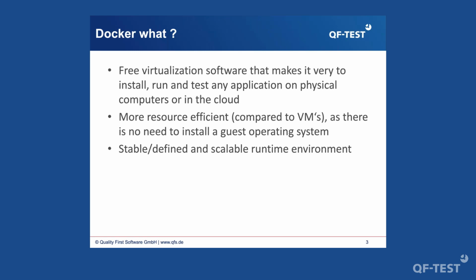Aside from this, we also get a stable, defined, scalable runtime environment, because in a Docker image I can define which parts I need, and only those parts are included. There's no additional installation, no updates during runtime. I can be completely sure what is in my image. I can tell which machines can talk with this image and stuff like this.